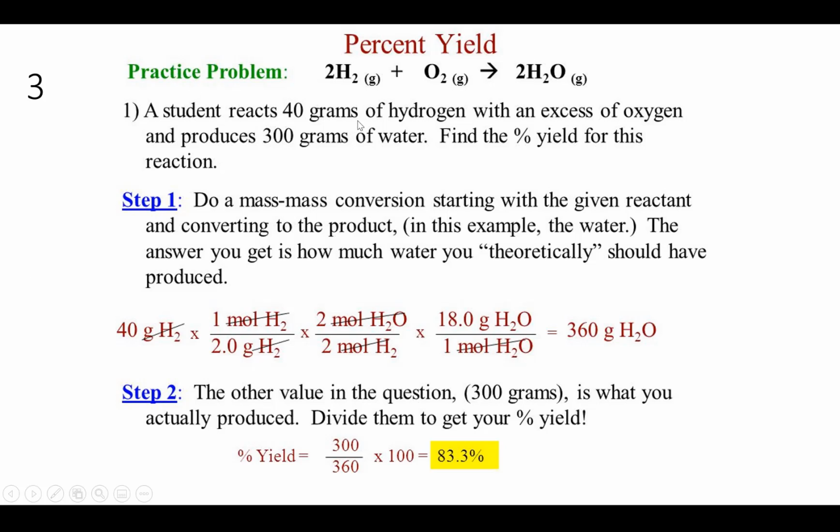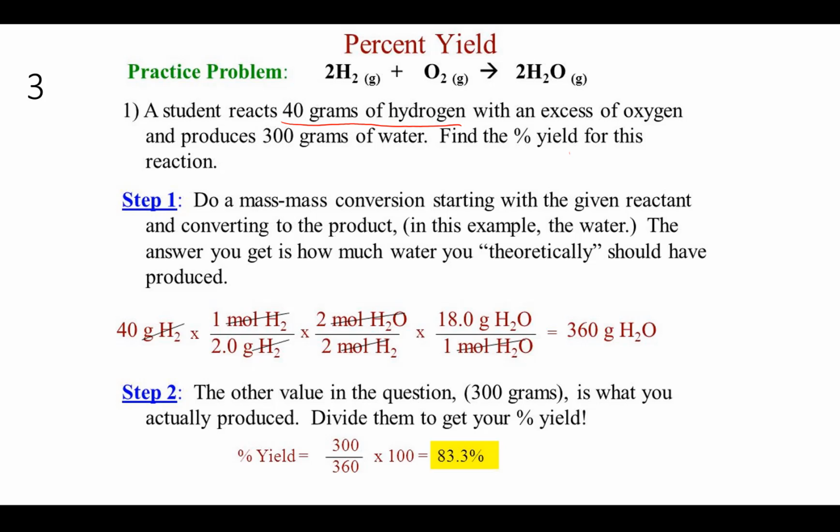Okay, so here's an example problem. In this reaction, 2H2 plus O2 yields 2H2O. Hydrogen plus oxygen yields water. A student reacts 40 grams of hydrogen with an excess of oxygen and produces 300 grams of water. Find the percent yield for this reaction.